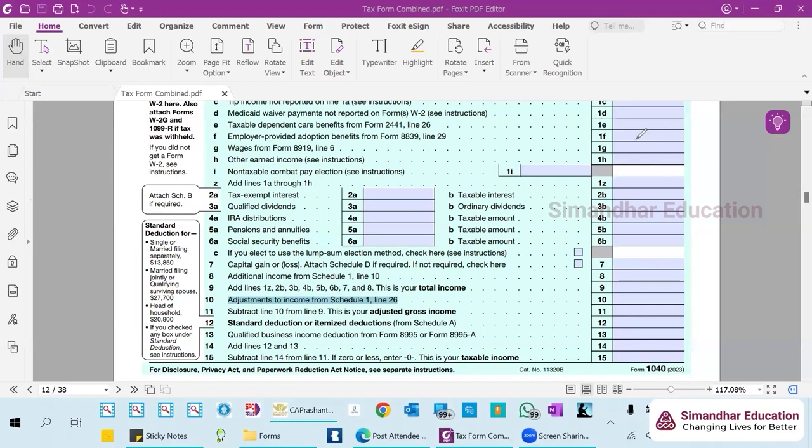So the formula would be all of their incomes, starting from wages, then taxable dependent care benefits, then employer provided adoption benefits, then other earned income, all the incomes, less deductions. Income minus deduction gives adjusted gross income.